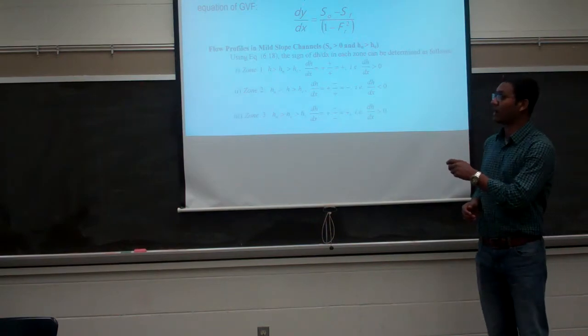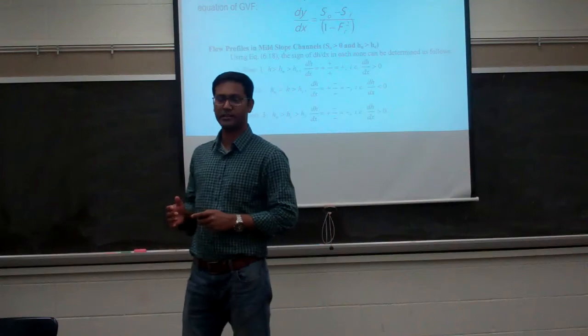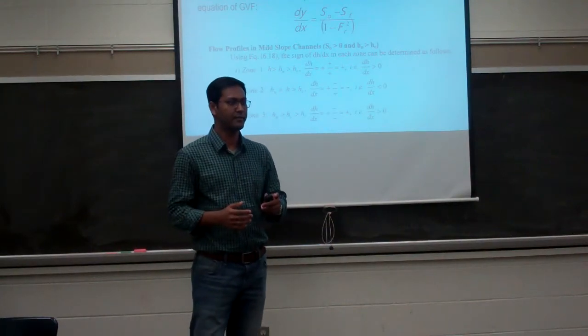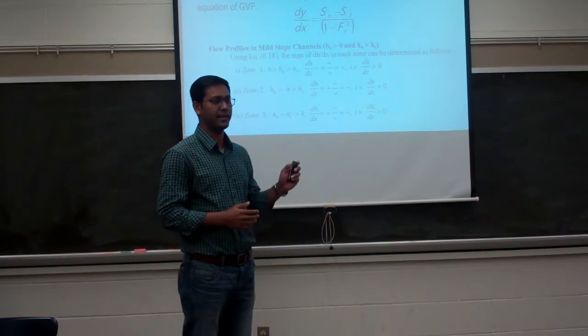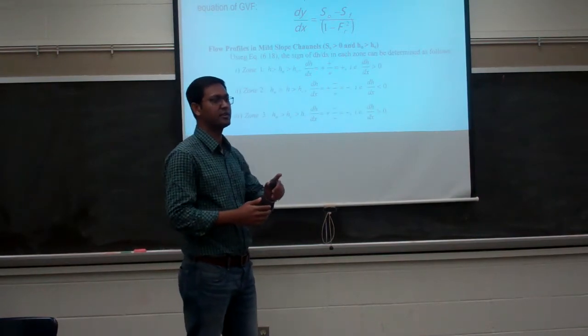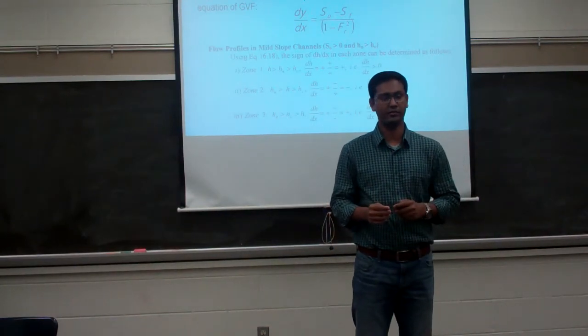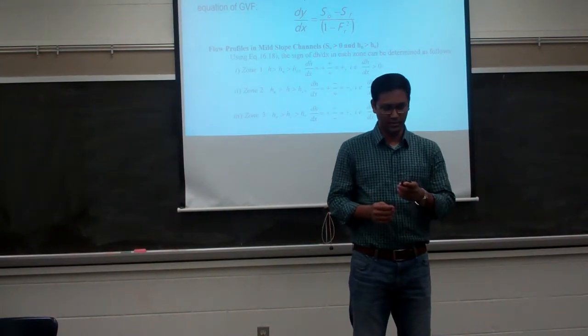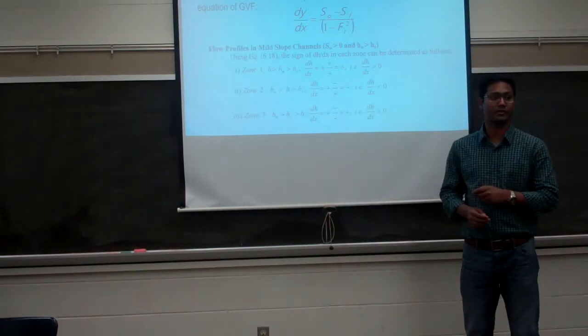If dy/dx is positive, then it will be backwater effect. And if it is negative, then it will be drawdown. So we just learned these 3 profiles for mild slope.